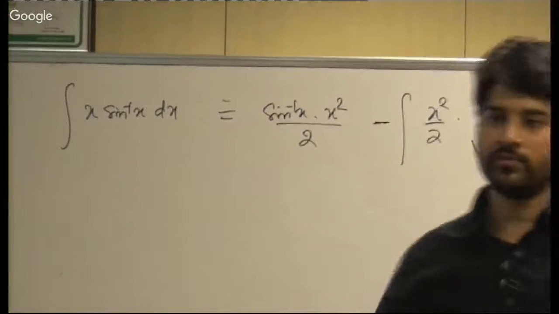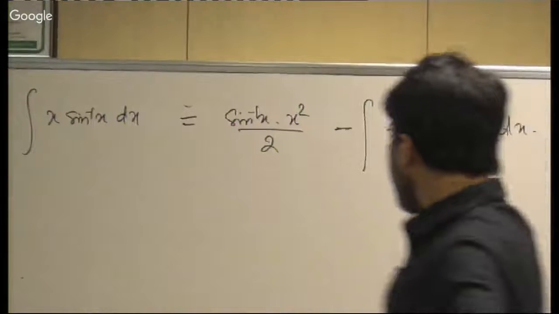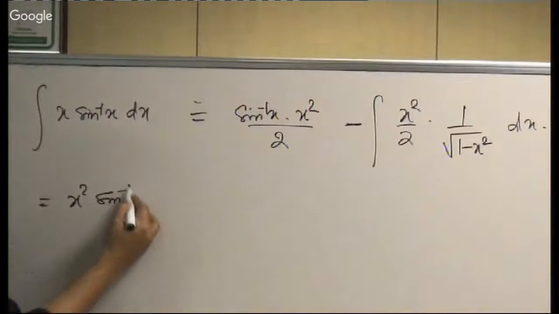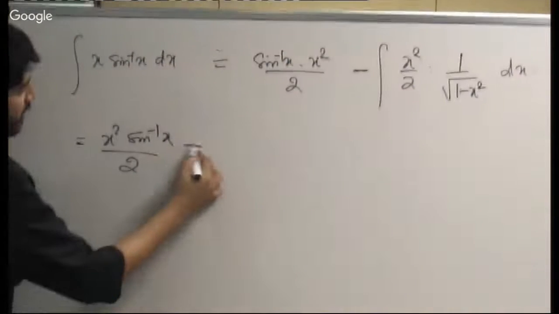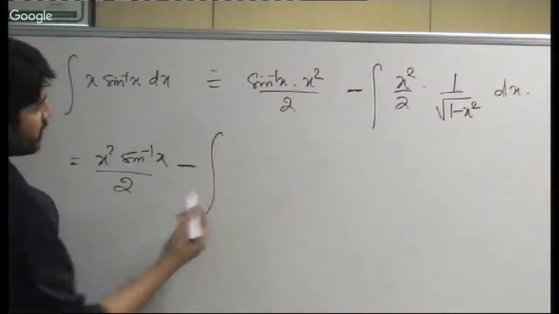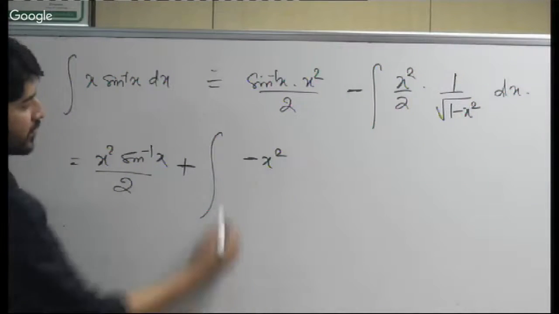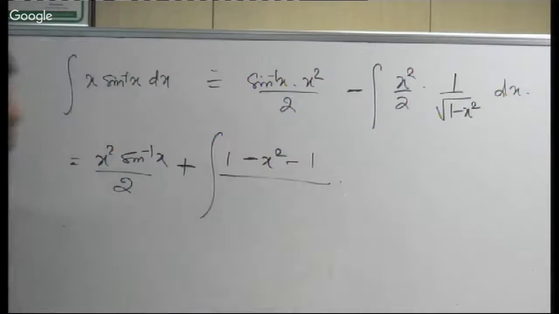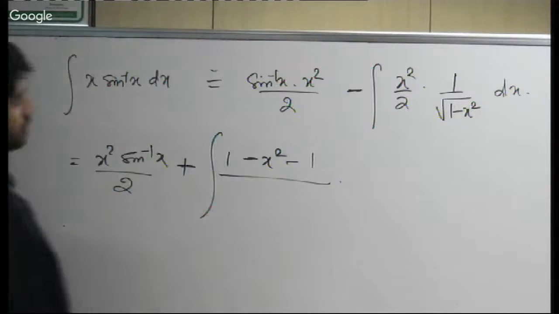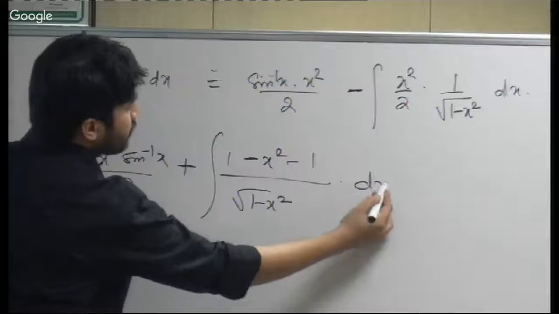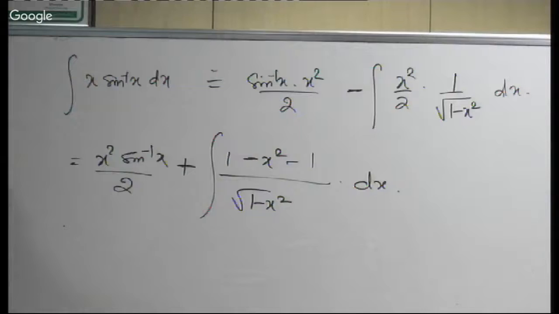How to solve this question? How to solve this part? x square sine inverse x by 2 minus, or I would say plus, minus x square 1 minus 1, right? Or I can use trigonometry.